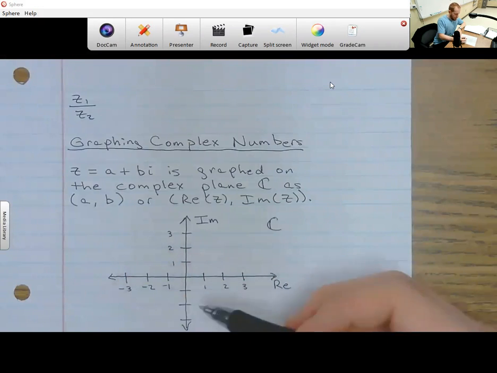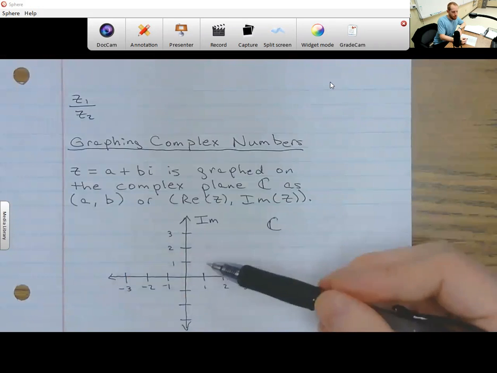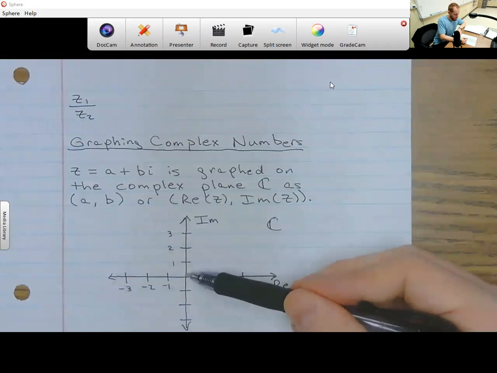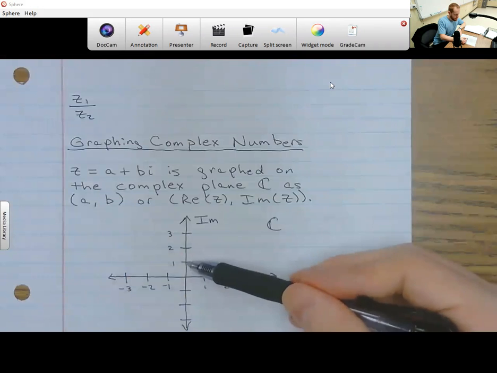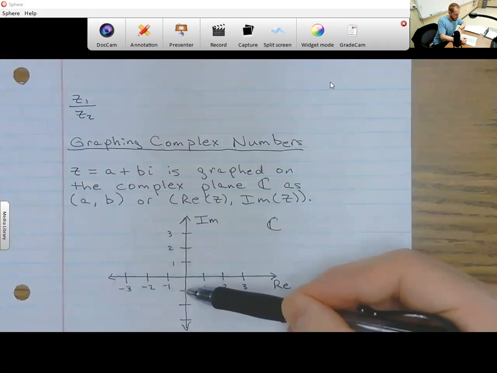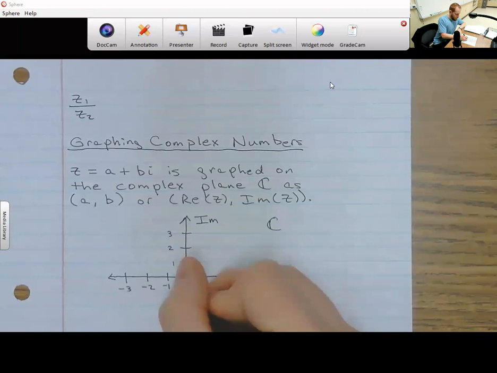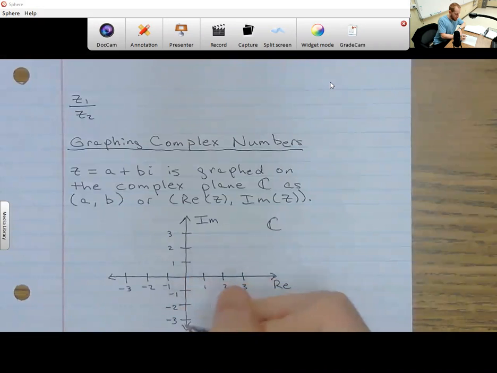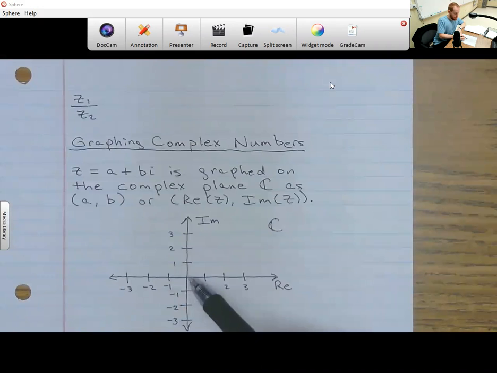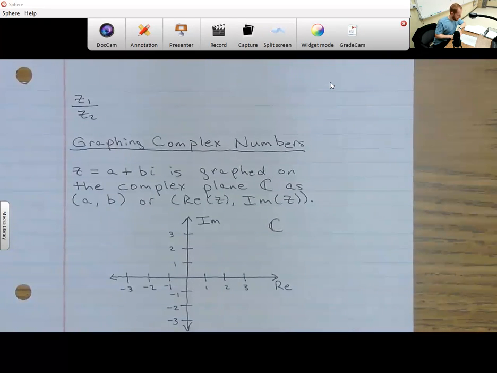And then on the imaginary axis, you know that all the positive numbers are going to be on the upward side, and the negative numbers are going to be on the downward side. So this is -1, -2, -3. And the point where the two axes meet is going to be 0, but I'm not going to write that.